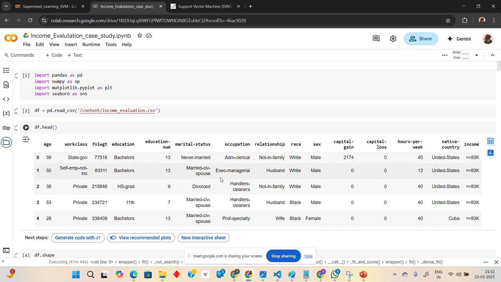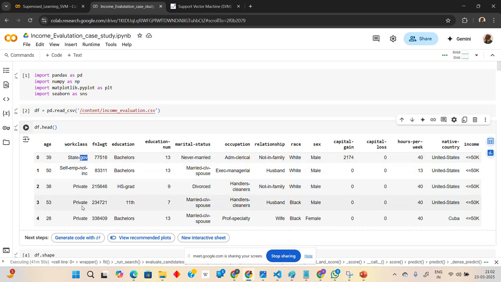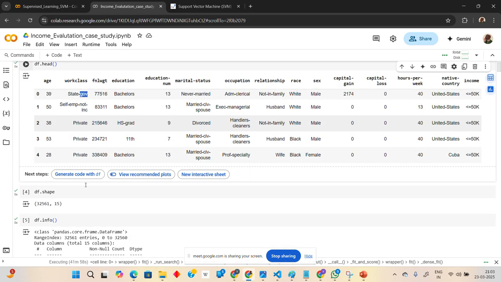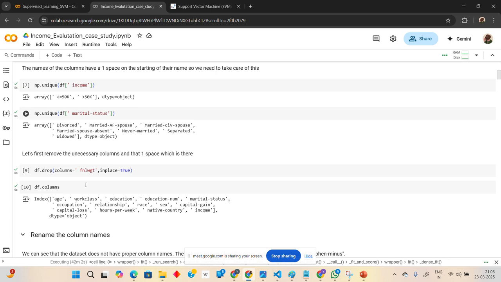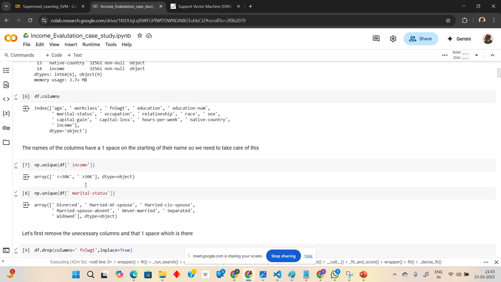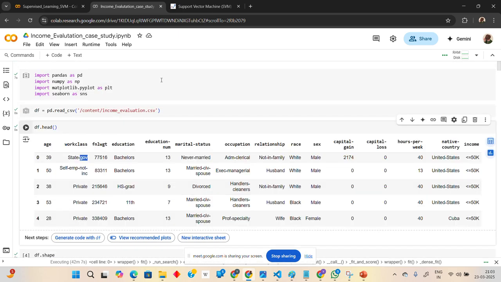We have good features like age, work class: central government, state government, self-employed, private employee. FNLWGT, what is this? Anyway, we are dropping it because it is not a very important factor. In the data set it is actually explained. Let me show you that.